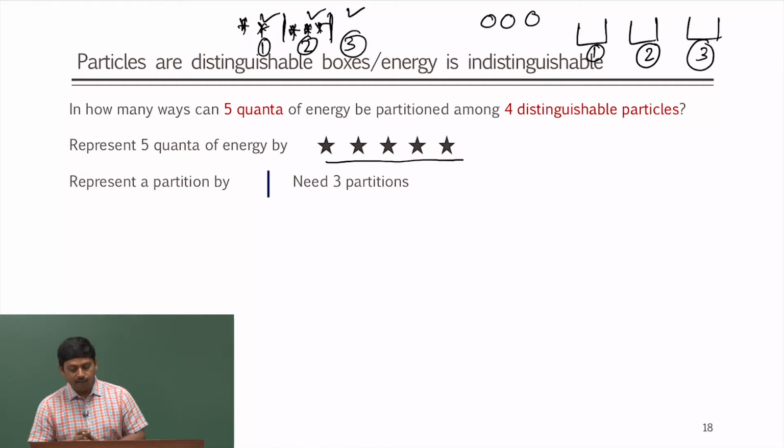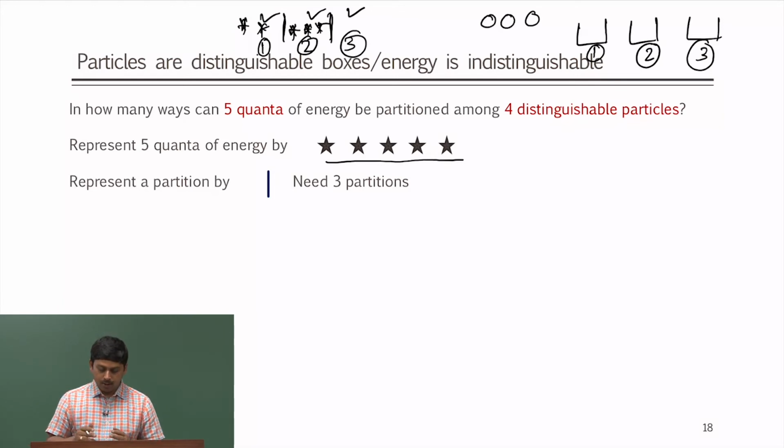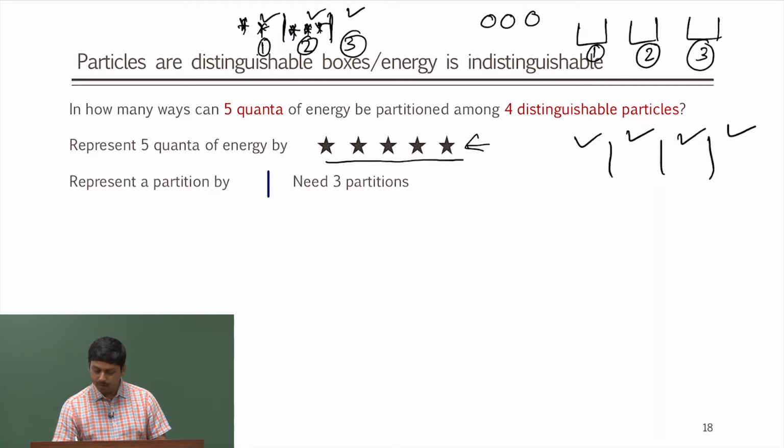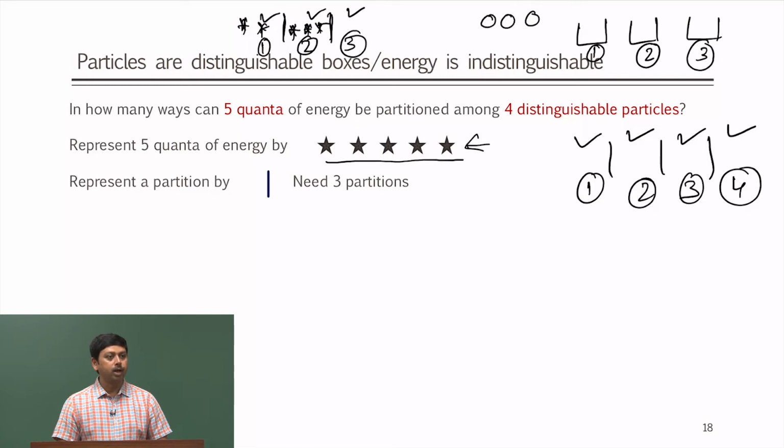Like that I will divide 5 stars into 4 boxes. Now, for 4 boxes how many bars do we need? We need 3 bars for 4 boxes, right. See 1, 2, 3 and 4, I get 4. With 3 bars I can make 4 boxes.